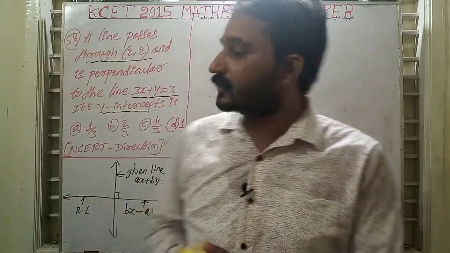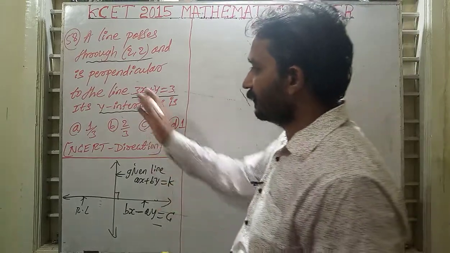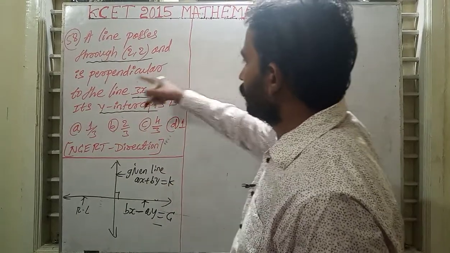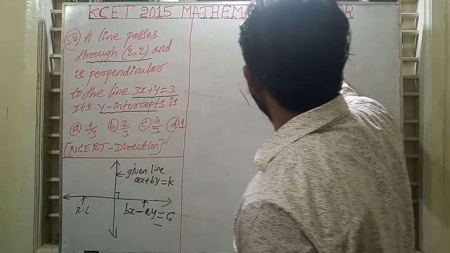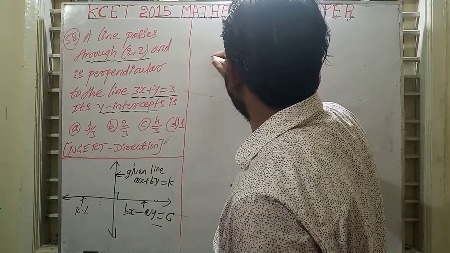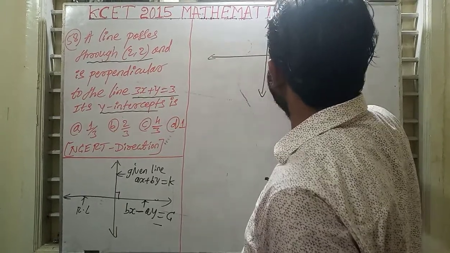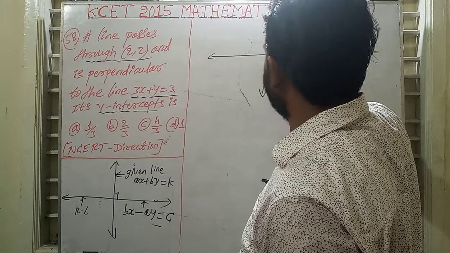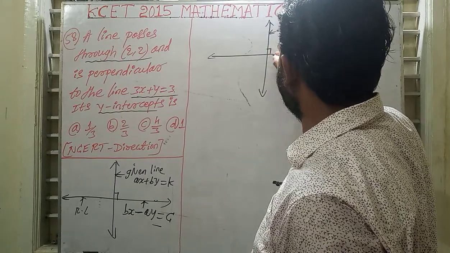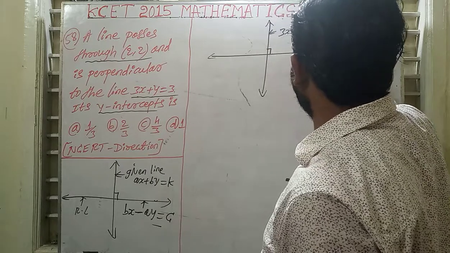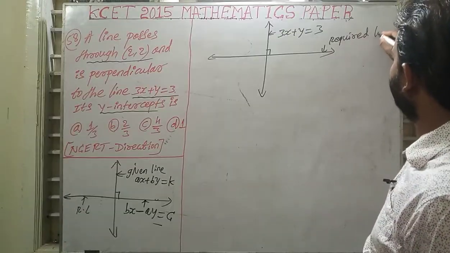Now let us take first a simple graph of this problem. It is the given line 3x plus y is equal to 3, which is perpendicular to the required line. This is the required line, the line we need.